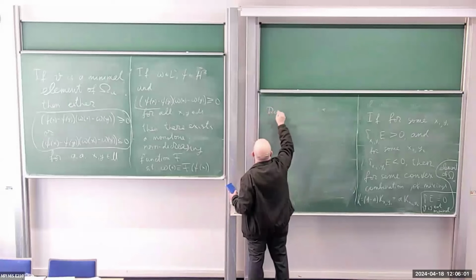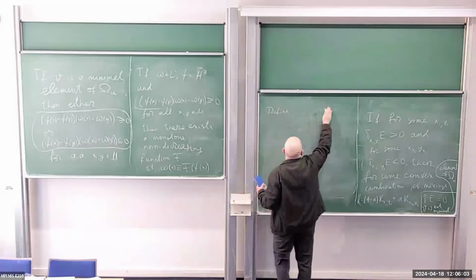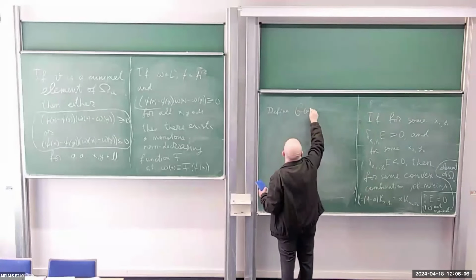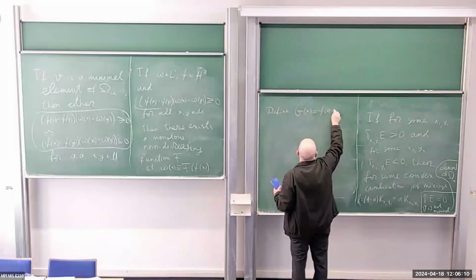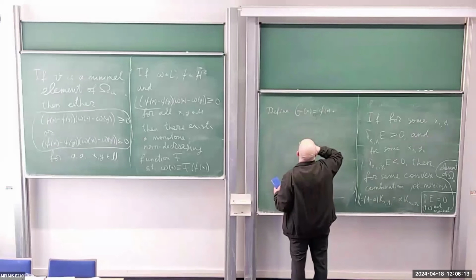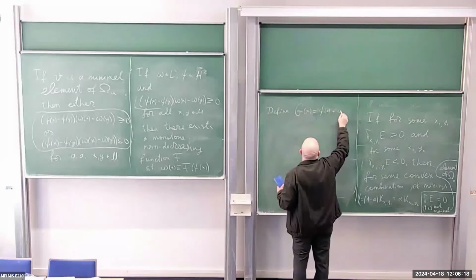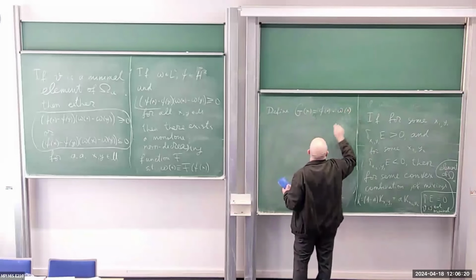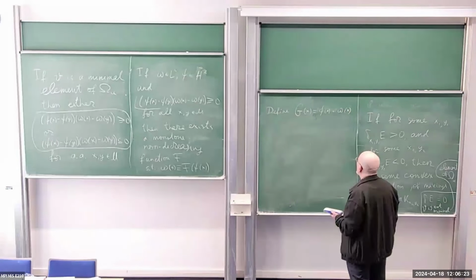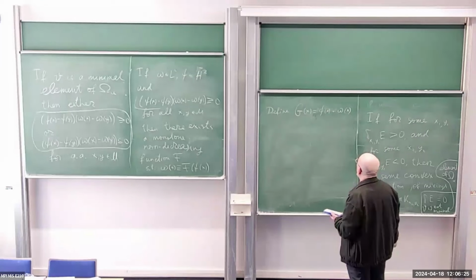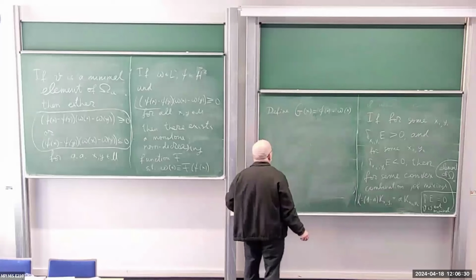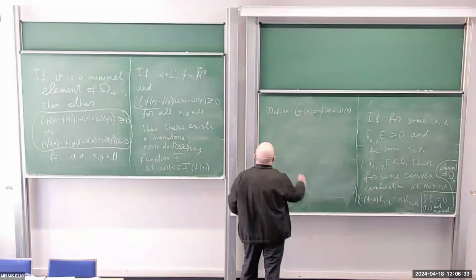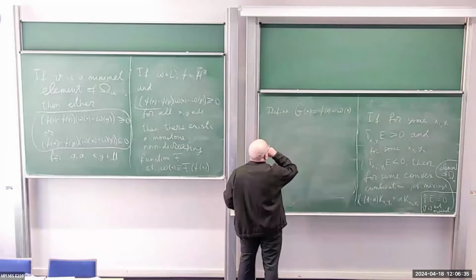Define g that equals sine of x plus omega of x. So note how to argue.